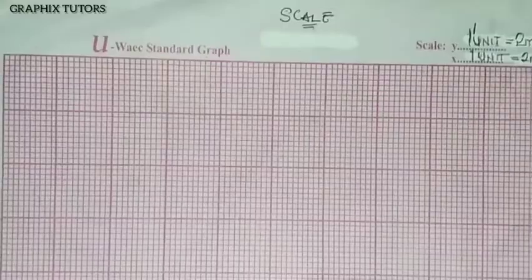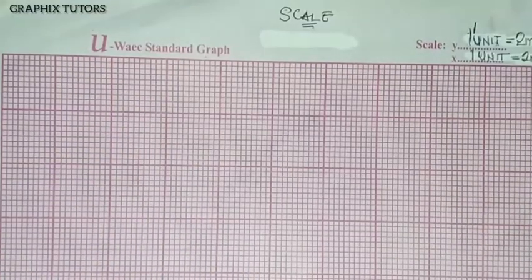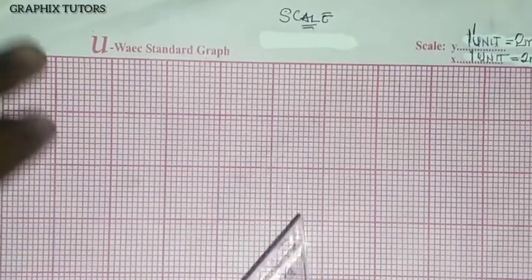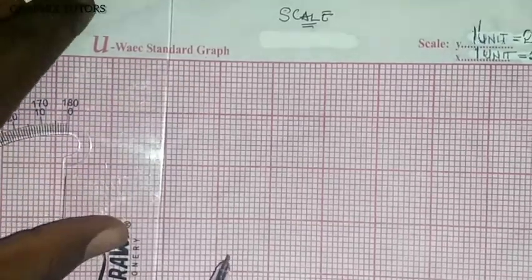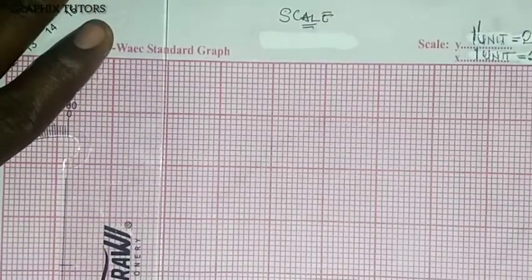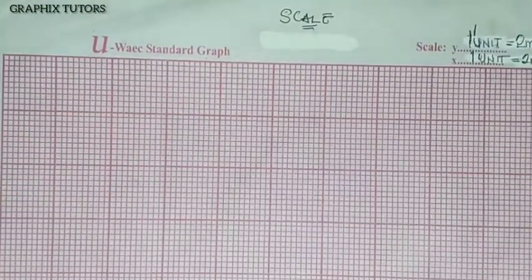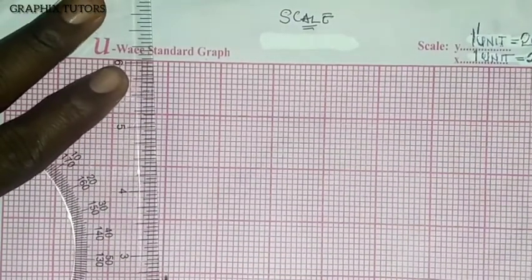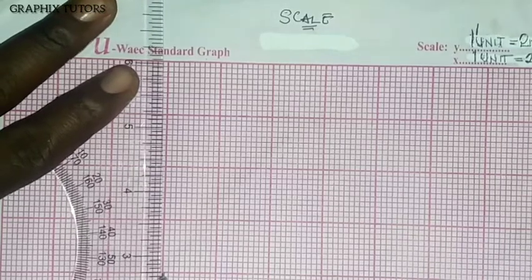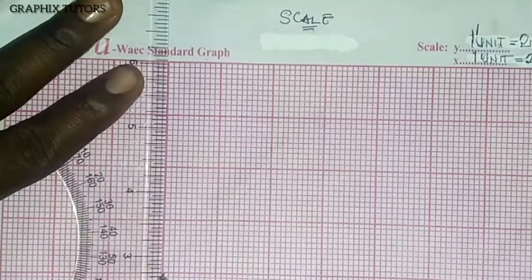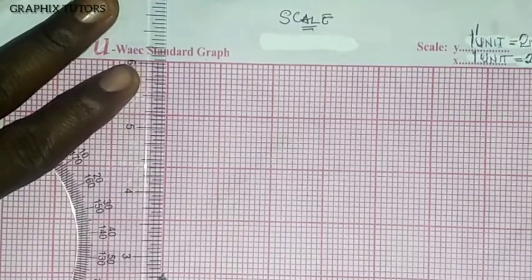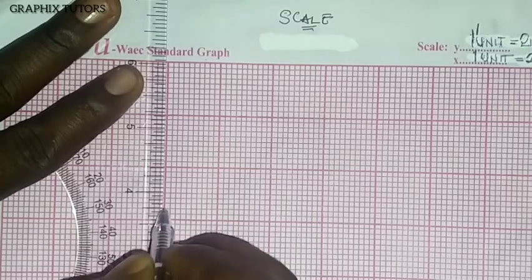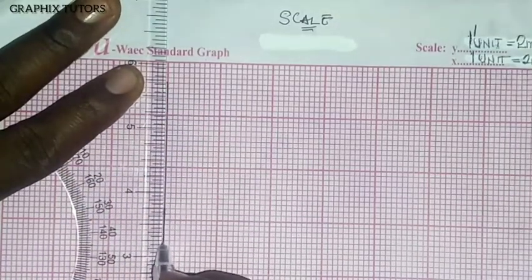millimeter. What I'm going to do is I'll draw my vertical and horizontal axis. Let me just take this point here and draw my vertical and horizontal axis at this point. I'll start from here, and draw this way.